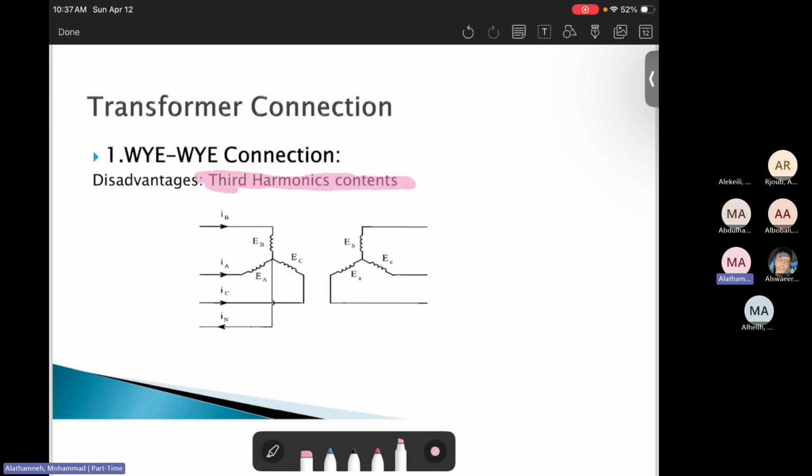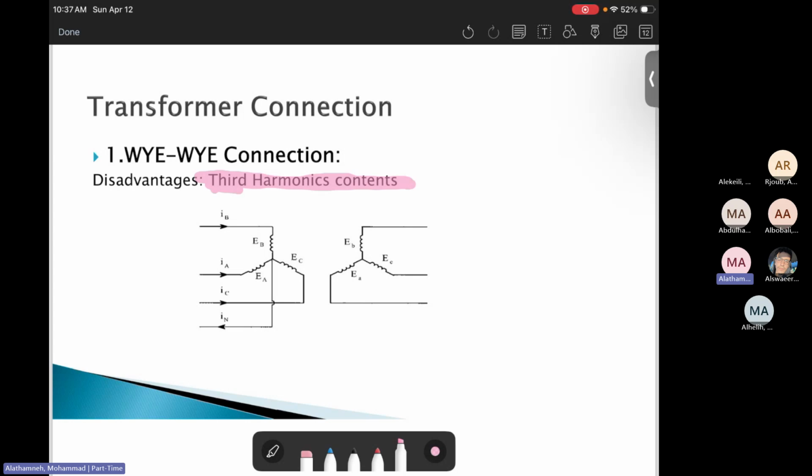What's the source of the third harmonics? It can be from the load side, like when there are electronic devices, anything inverter driven. Nowadays we see air conditioners with inverter drives, refrigerators with inverter drives to save power, washing machines with inverter drives, everything with inverter drives, and EV chargers with inverter drives. So anything with power electronics will have third harmonics content.